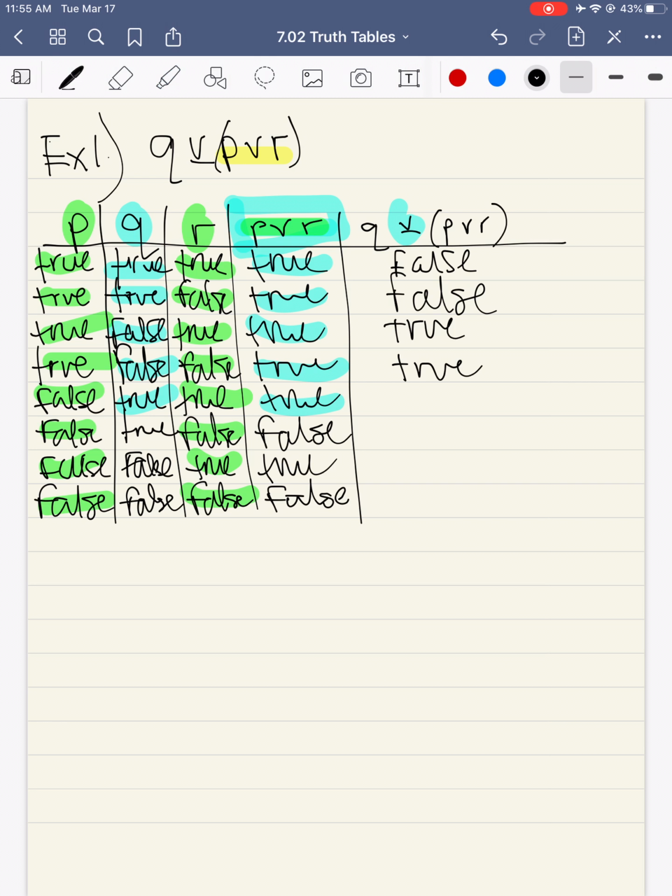True, true, that is false. True, false, that is true. False, true, that is true. And then lastly, false, false. Well, one of them has to be true, but not both. So since none of them is true, then this ultimately is false.